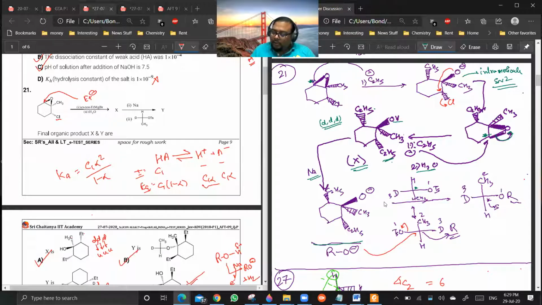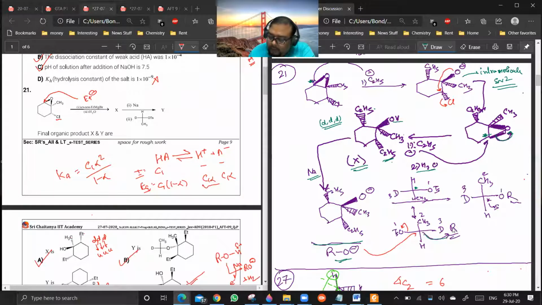Now if this is the nucleophile and it is attacking here, what will happen? The configuration will change. Are you getting my point? Yes, sir. Now, what is the configuration here?